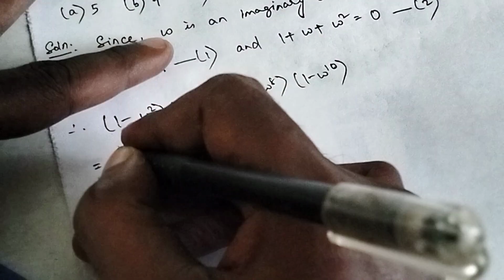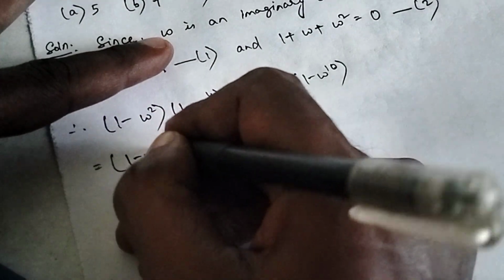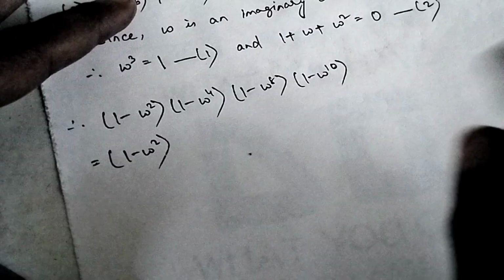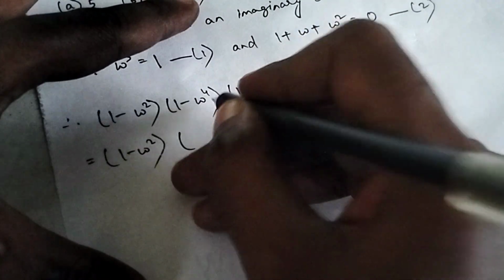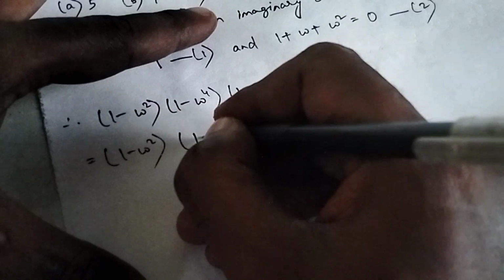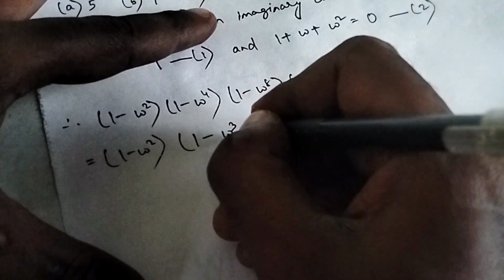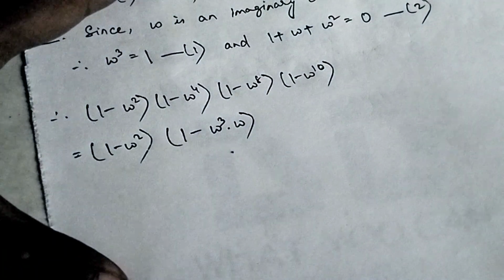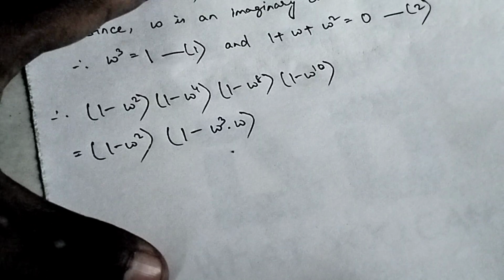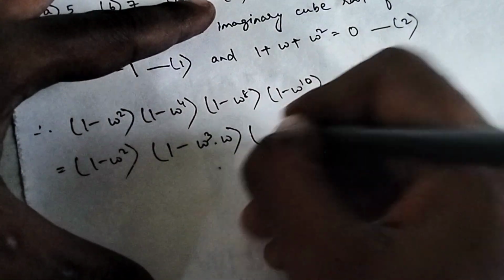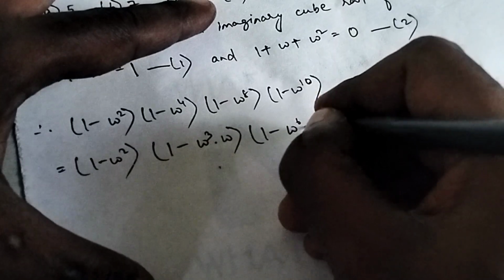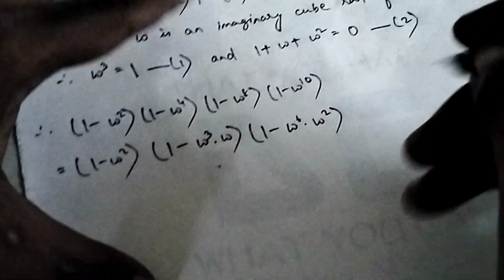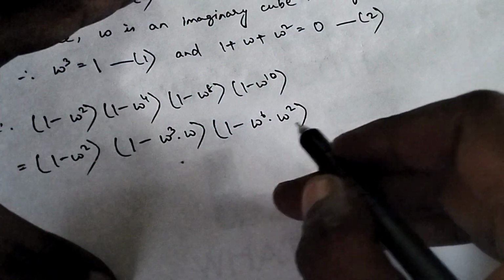Now this is 1 minus omega square as it is written. 1 minus omega 4 can be written as 1 minus omega cube into omega. 1 minus omega 8 can be written as 1 minus omega to the power 6 into omega square.